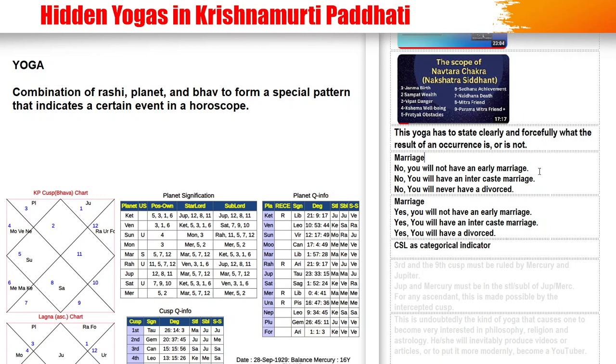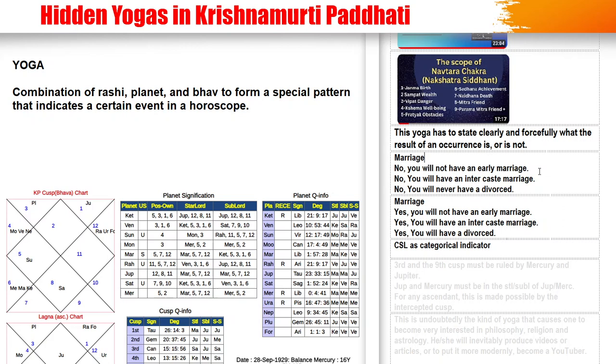So if you are looking at, let's say, marriage, then the seventh Cusp Sub Lord, if it is a significator of the seventh house, promises marriage. If it is a significator of the detrimental or negative houses for marriage, like 1, 6, and 10, then the marriage is not promised. And if it indicates both, then both marriage and separation are promised.